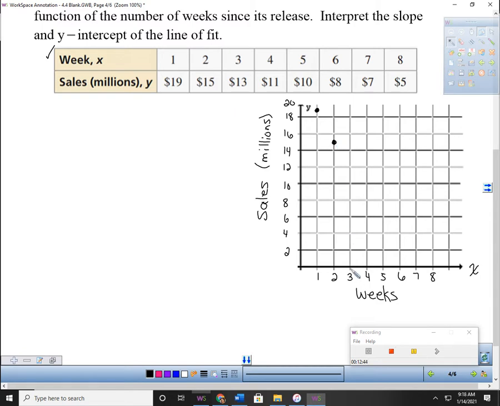All right, week 3, we're going to go up to 13. Week 4, 11. Week 5, 10. Week 6, 8.